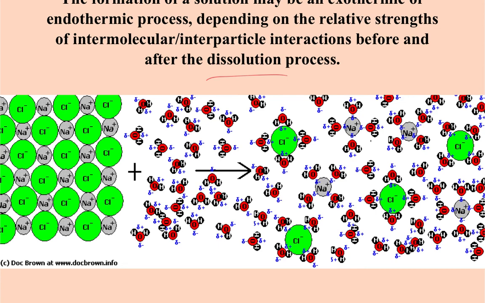But you can see if I put this as a salt illustration with water, water has that partial positive and partial negative side, and when the salt hits the water, the partial positives are going to find the negative chlorine ions and kind of surround them, and the partial negative side, which is the oxygen, is going to find the sodium ions and surround them, and that's how we get dissolving.